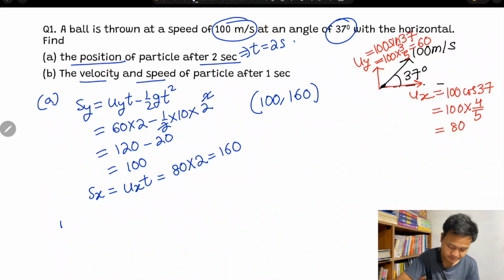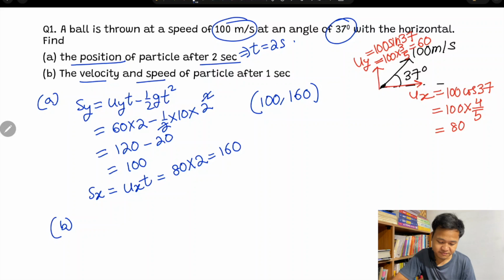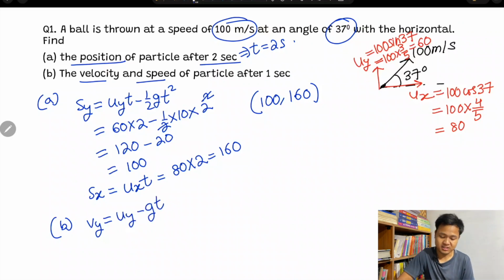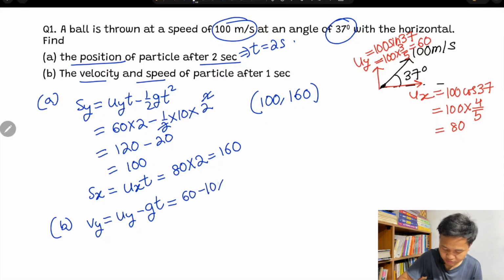Now part b asks for the velocity after 1 second. So vy equals uy minus z into t. uy is 60 minus 10 into time, which is 1 second. So I will have here how much? 60 minus 10 is 50 meters per second.